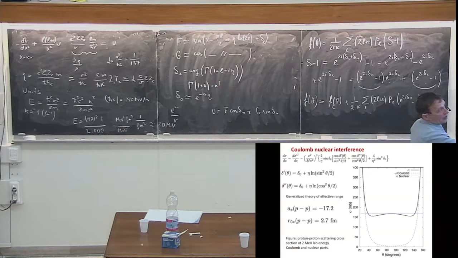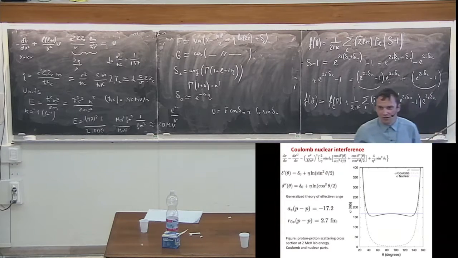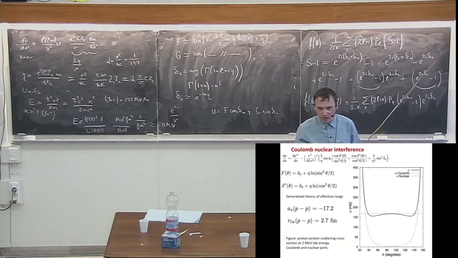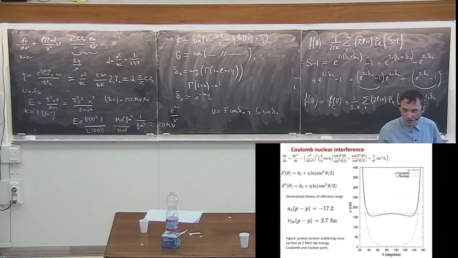So if you look at this scattering cross section, it's compared here with the dashed line, which is just a Coulomb cross section. So at low angle, and by the way, this cross section is symmetric. Why is it symmetric? With respect to 180 degrees. Identical particles again. So in addition to that, of course, this involves a statement about identity of particles. So this is a cross section for identical particles plus nuclear and Coulomb. So everything put together in one.